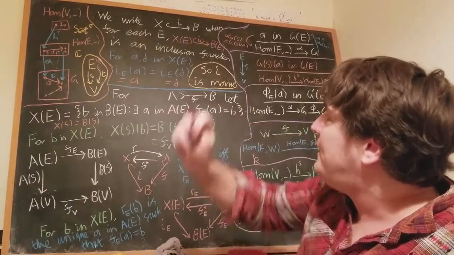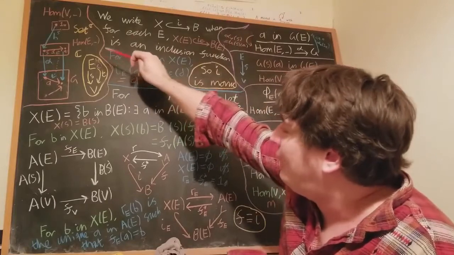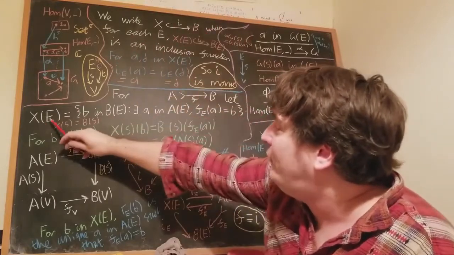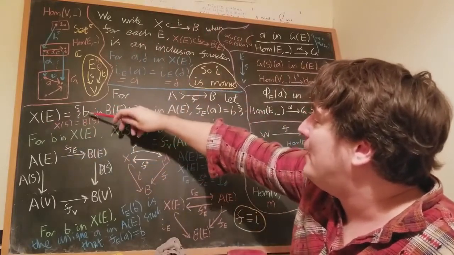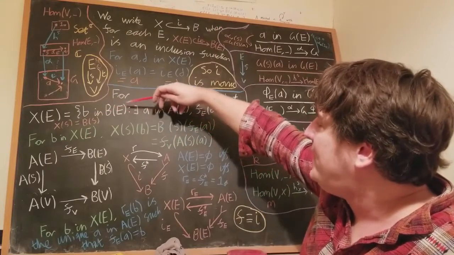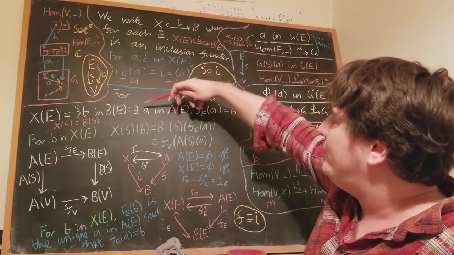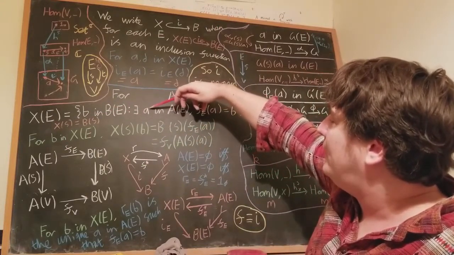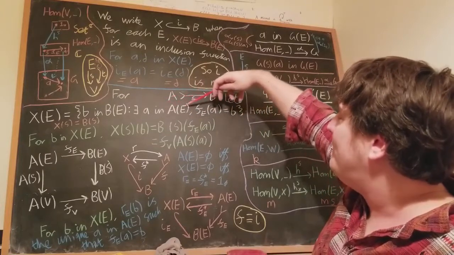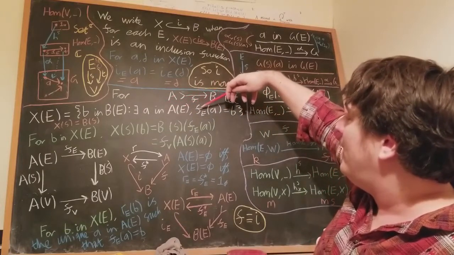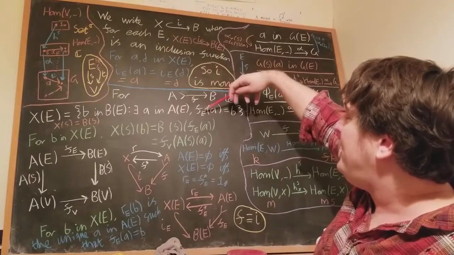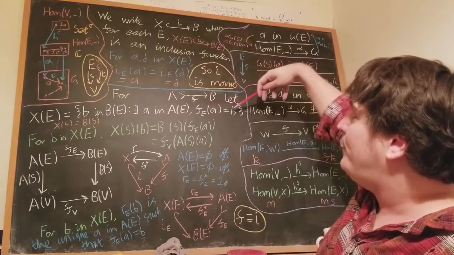Well, for any object E of our category C, we set X of E to be the set of elements of B of E such that there exists an element little a of A of E such that doing f E on a equals b.